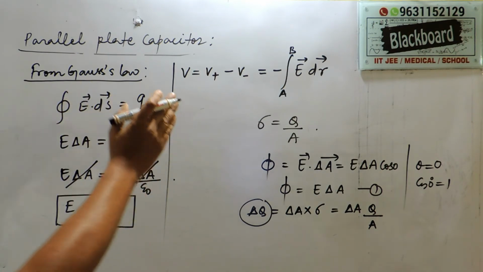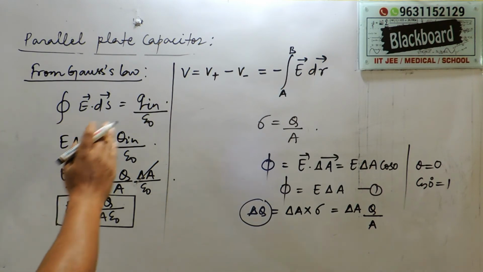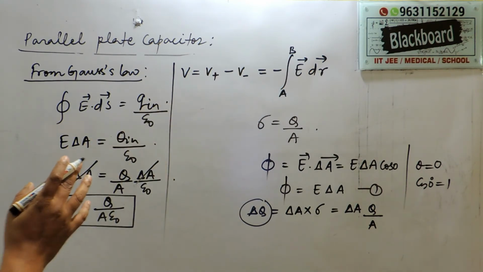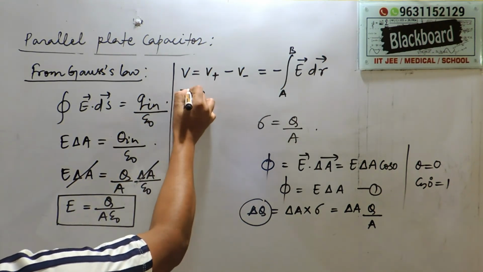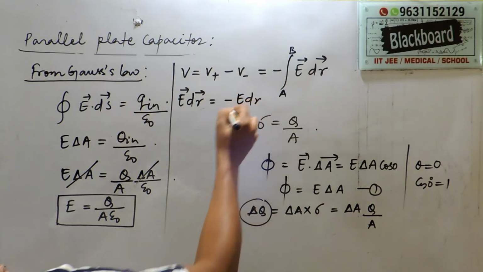As one goes from A to B, the electric field and the displacement dr are in opposite directions. Thus E dot dr is equal to negative of E dr.